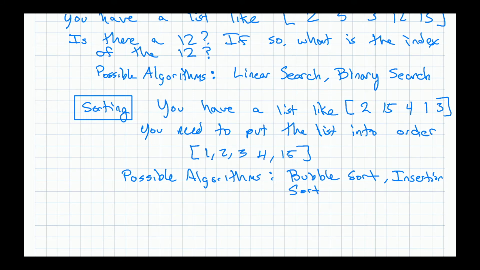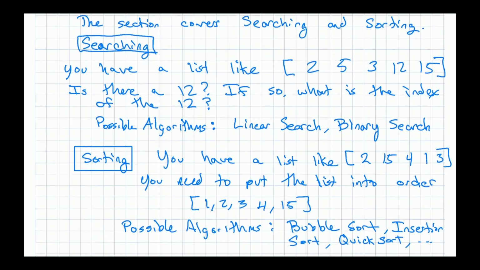And that's probably it for this section, but there are others like quick sort and so on. Okay, but we're going to cover the first two and not quick sort.